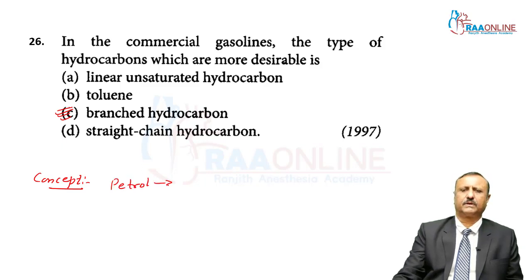My dear students, petrol is called isooctane, and in isooctane you can get the branching hydrocarbon. So branched hydrocarbon is always used in the gasoline.